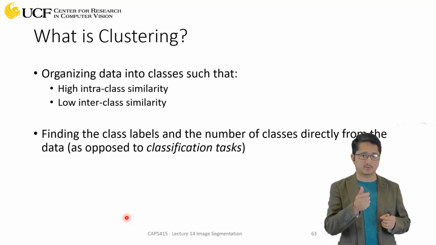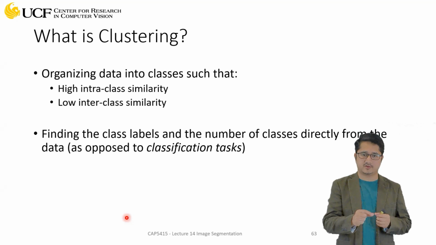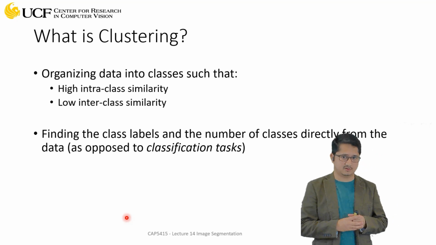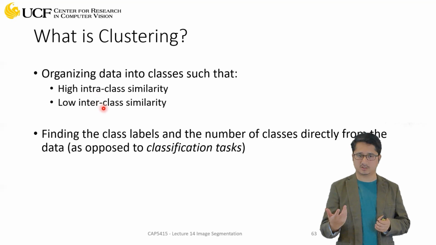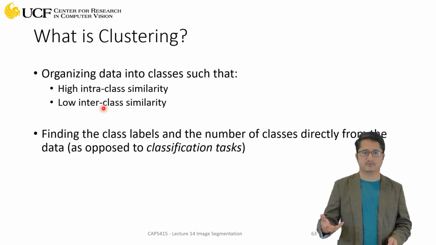And you use those labels to compute your loss function and then train your model. Now, in case of clustering, you don't need any labels. So it's completely unsupervised. All right. And even if you think about these two objectives, you can compute them by themselves. You don't need labels for that. Okay, so you directly learn from the data itself.